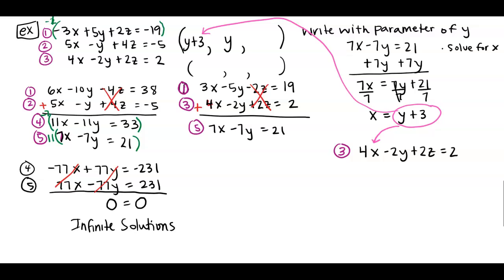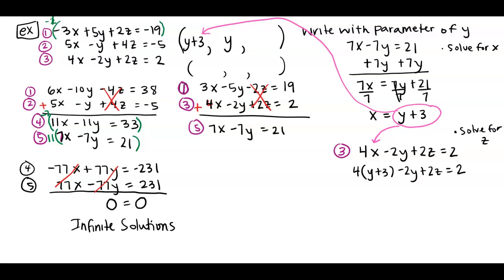Okay, so I'll have 4 times, in place of x, I'm going to put my y plus 3, and then minus 2y plus 2z equals 2. And remember here, I'm trying to solve for z. All right, that's the last one that I have to solve for.